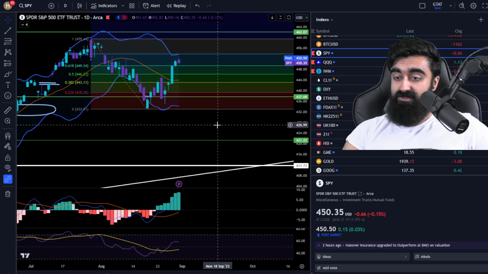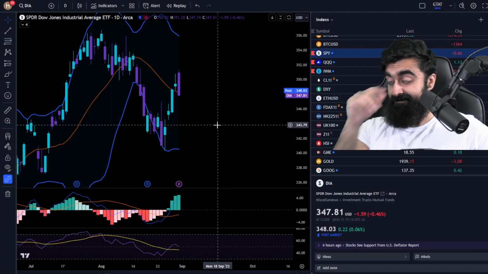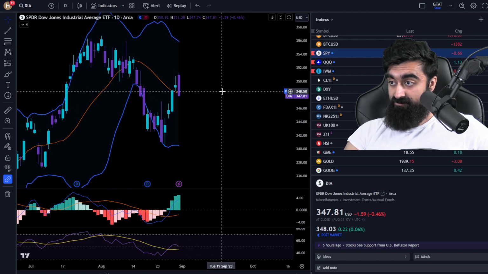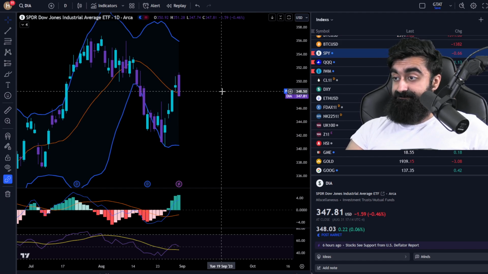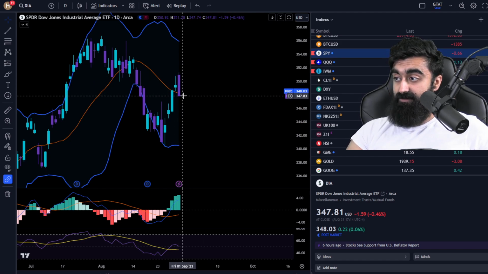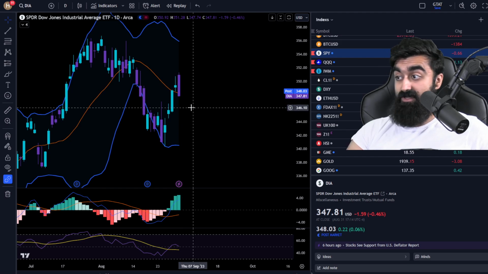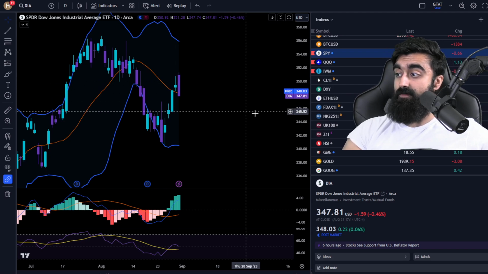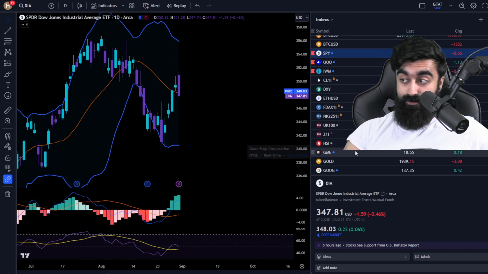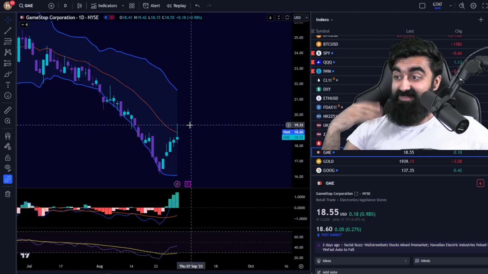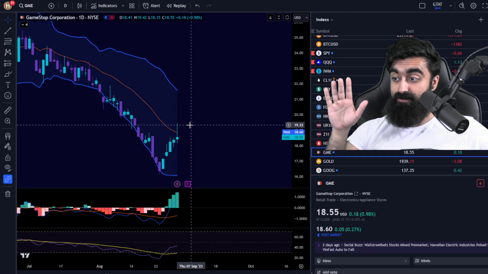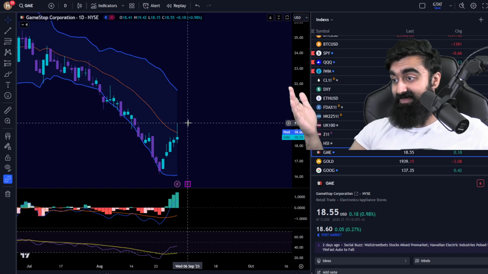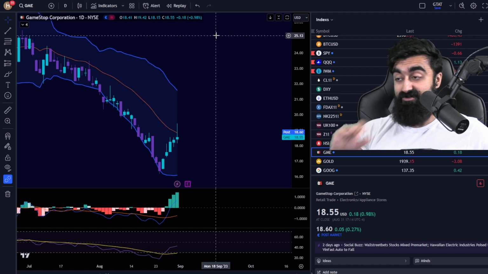I am currently short on the Dow, and we're still holding these swings from Tuesday. And we saw a big reversal today. Hopefully this continues. That'd be nice. We're holding on to 347 puts, and we're also holding on to GME calls for January. So let's see GME go to 25. That would be great. They have earnings on September 6th. That'd be spectacular if GME opens up at 25.